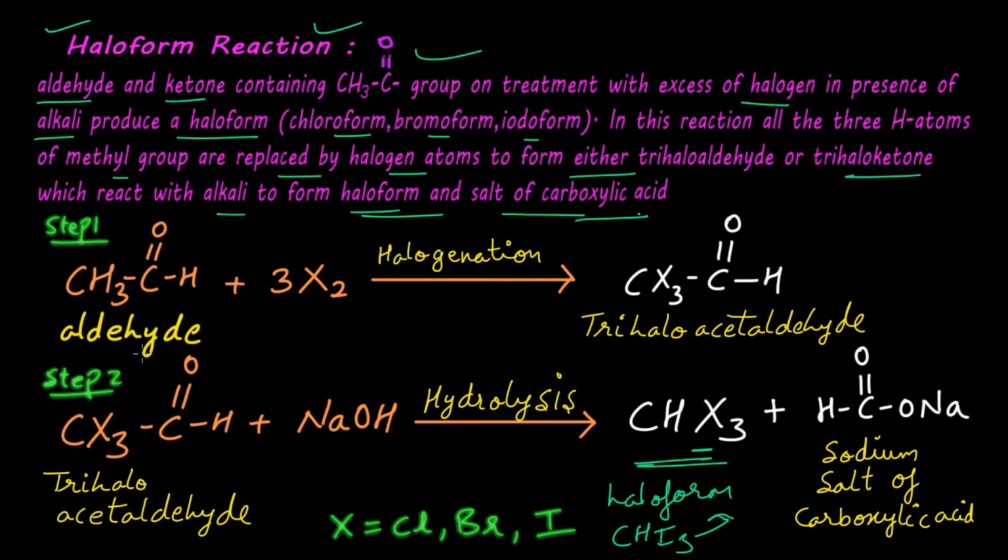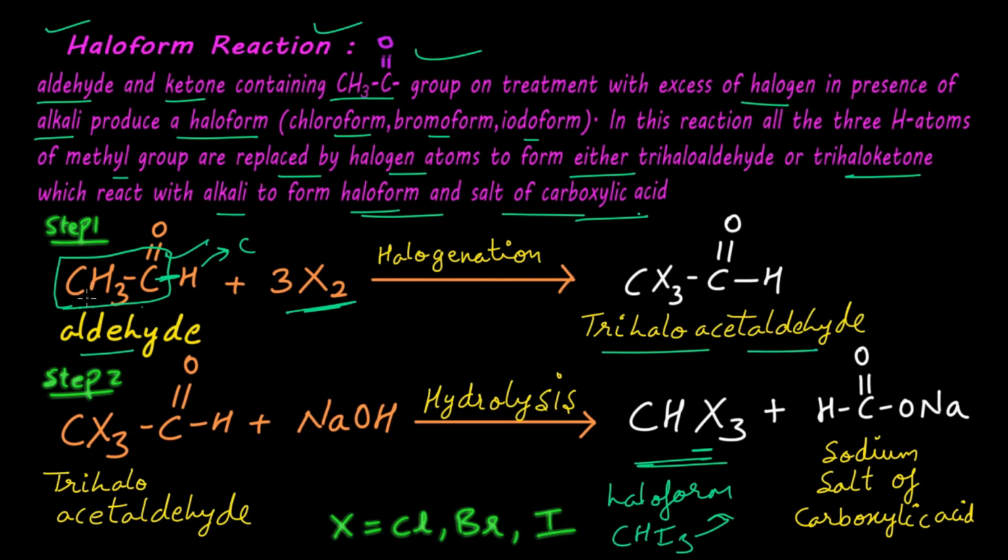So let's discuss this reaction for aldehyde. The first statement is aldehyde and ketone containing CH3CO group. Now look at this aldehyde, acetaldehyde, our CH3CO group is there, right? And the carbon here is bonded with hydrogen. In place of hydrogen, some other carbon could be there, but we need the CH3CO group at the terminal. So our first condition is satisfied. When it is treated with excess of halogen, we get trihaloacetaldehyde.